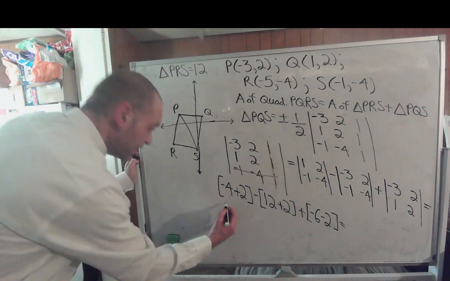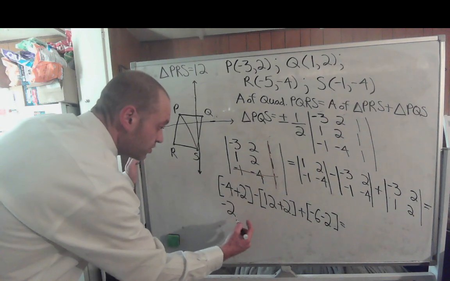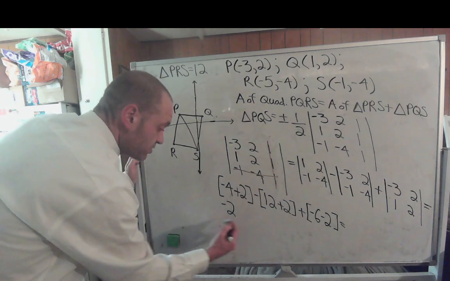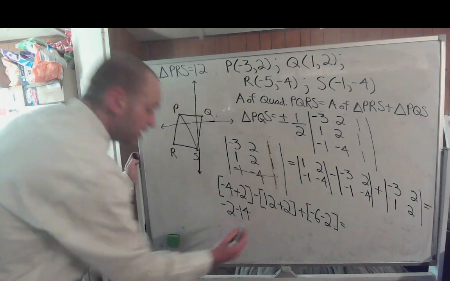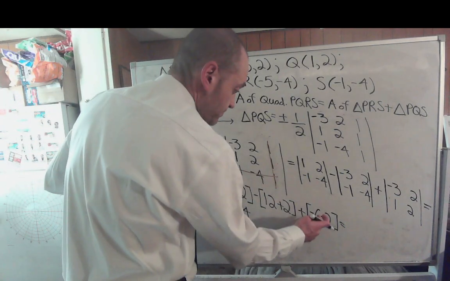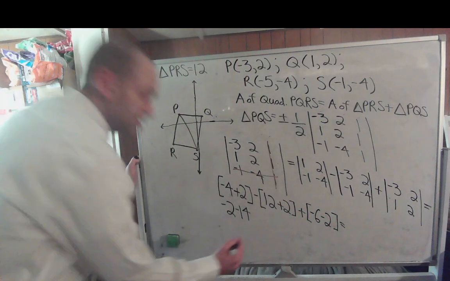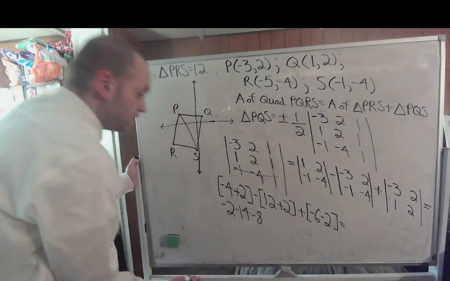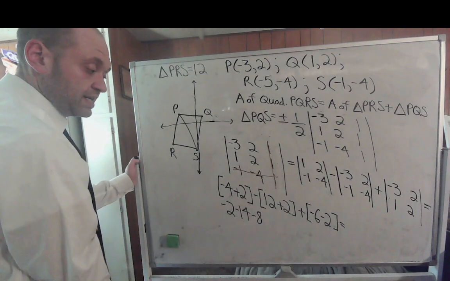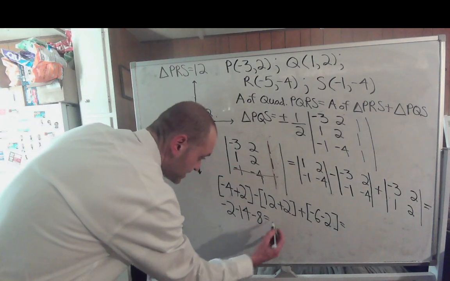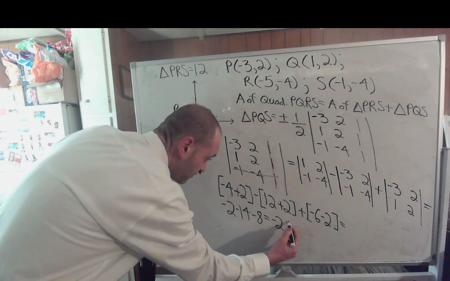So simplifying this, we end up getting -2, minus 14, and then -6 minus 2 is -8. So -2 minus 14 is -16, minus 8 is going to be -24.